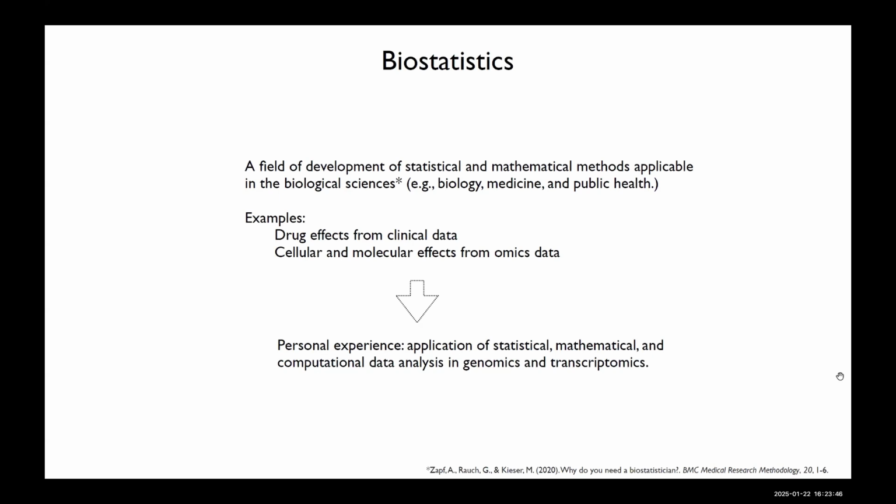Omics data refers to the data obtained from the entire set of biomolecules from the cell. For example, genomic data refers to the entire DNA sequences obtained from a cell, and transcriptome data refers to the data obtained from expressed RNA molecules in a cell, the entire sets.